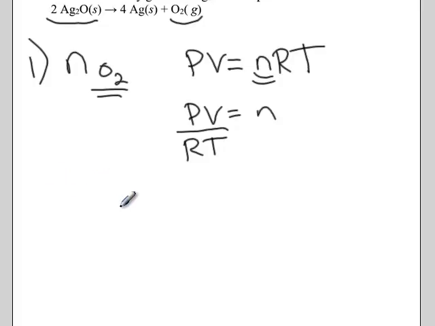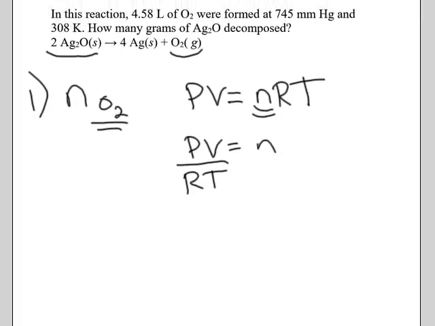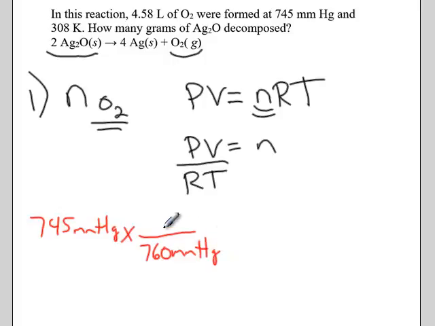The pressure P is 745 millimeters of mercury. And we want to convert that right away to atmospheres to cancel with the gas constant R. So 760 millimeters of mercury equals 1 atmosphere.